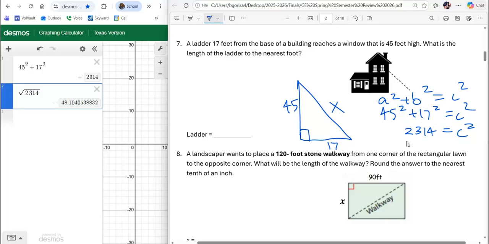So 2,314 equals C squared, and then you square root both sides. You get 48.1, to the nearest foot is 48 feet.